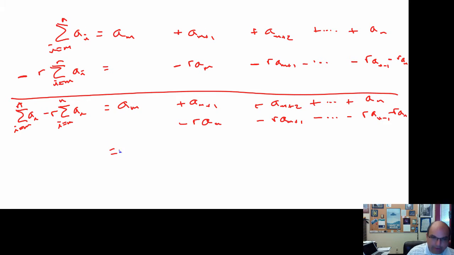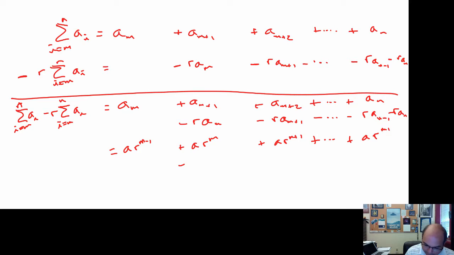Okay, and so now we can use the basic definition of what it means to be a geometric sequence. So this is a times r to the m minus 1, a times r to the m, plus a times r to the m plus 1, dot dot dot, a times r to the n minus 1.